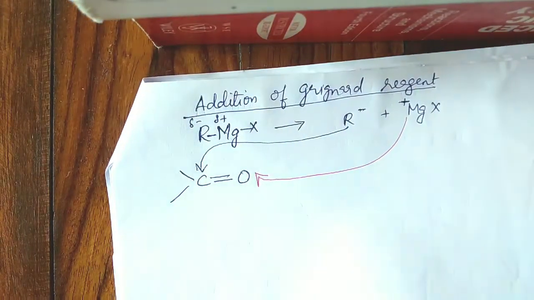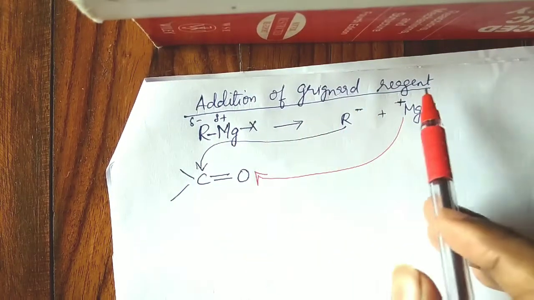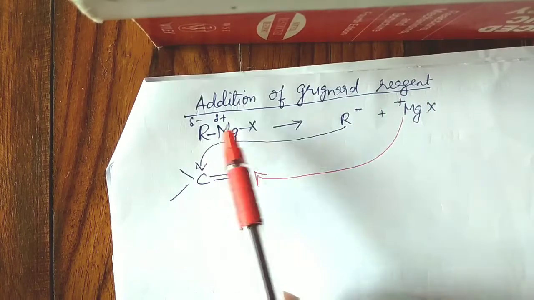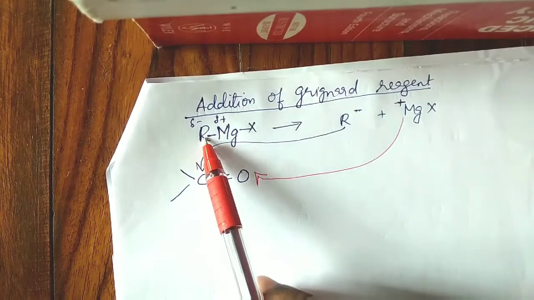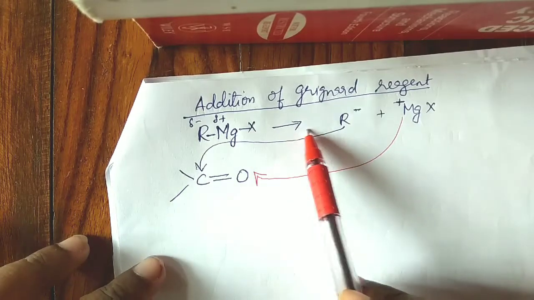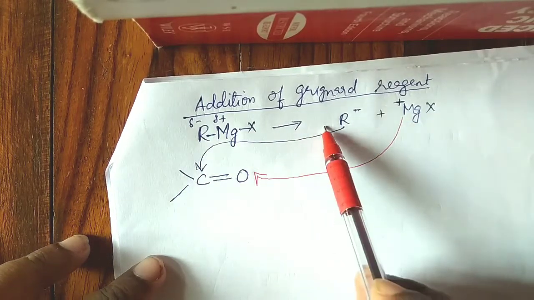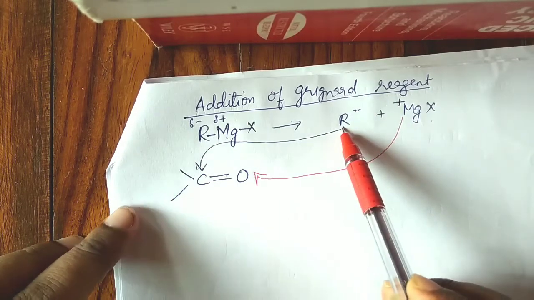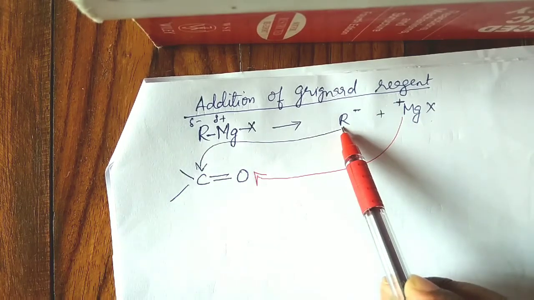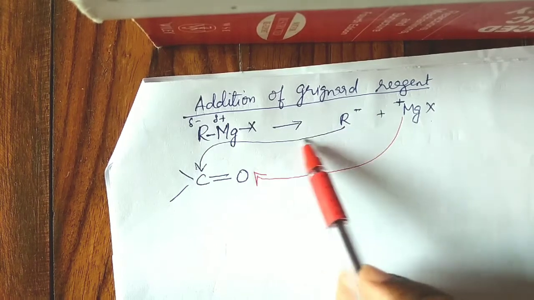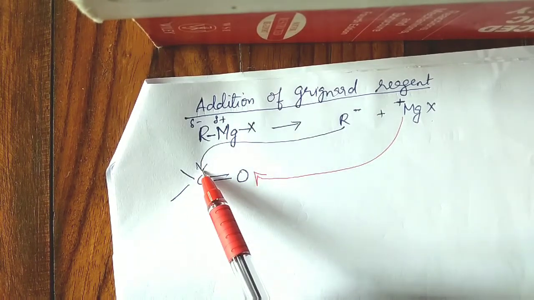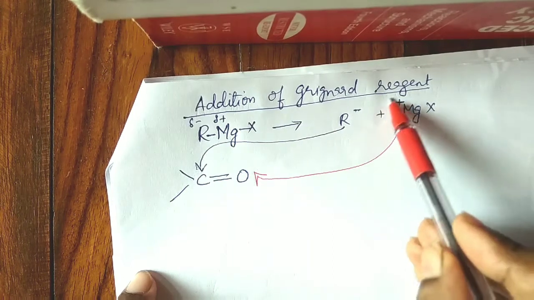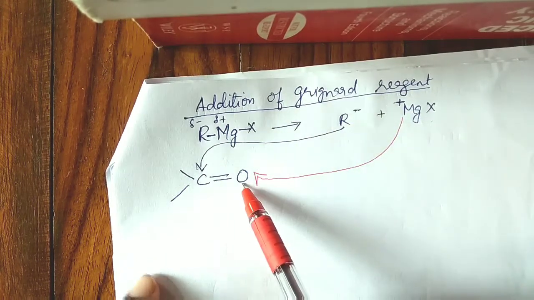Now we are going to discuss addition of Grignard reagent. You know the Grignard reagent is RMgX, and though the ionization does not actually take place like this, for the sake of clarity I have written it like this. The alkyl group will have the negative charge and will act as the nucleophile, and this nucleophile will attack the carbonyl carbon perpendicularly, and the electrophilic part will attack the oxygen.